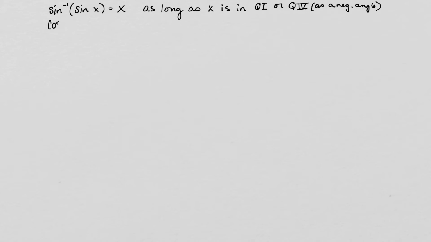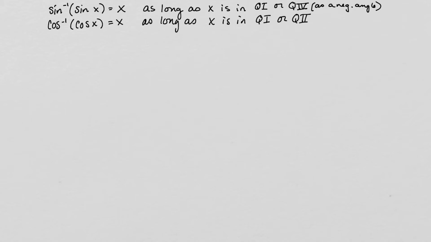The inverse cosine of the cosine of x is going to be equal to x as long as x is in quadrant 1 or quadrant 2, because remember that's where the inverse cosine was defined.